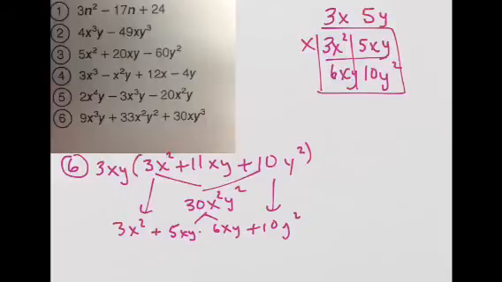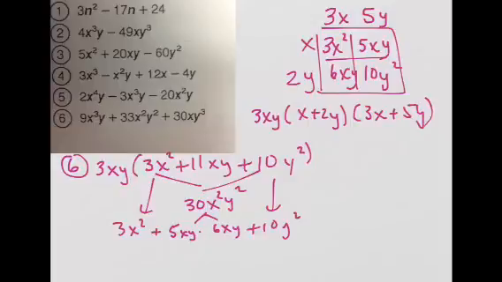And then something times 3x is going to give me 6xy, that would be 2y. And then you check to see if this times this gives you this, and it does. So don't forget you took out a GCF of 3xy first, then x plus 2y, and then 3x plus 5y. And there's the answer.